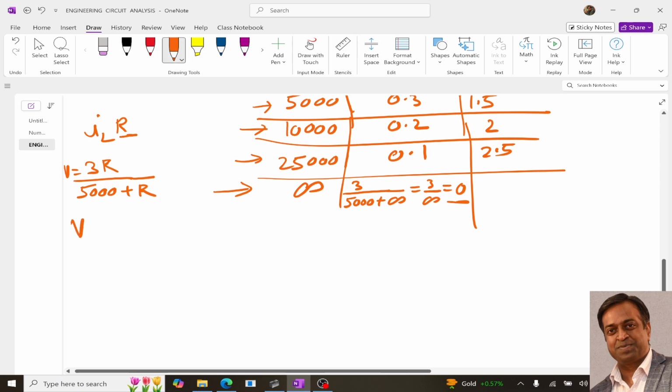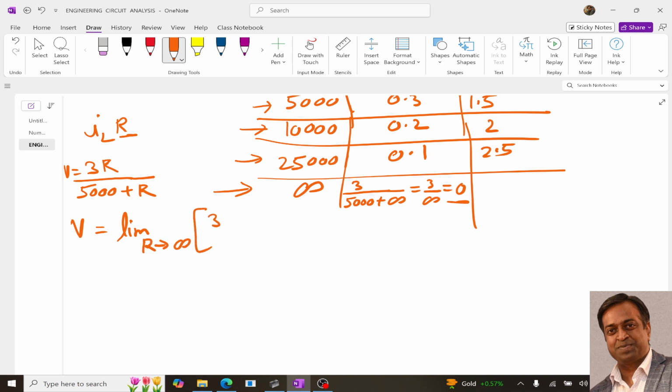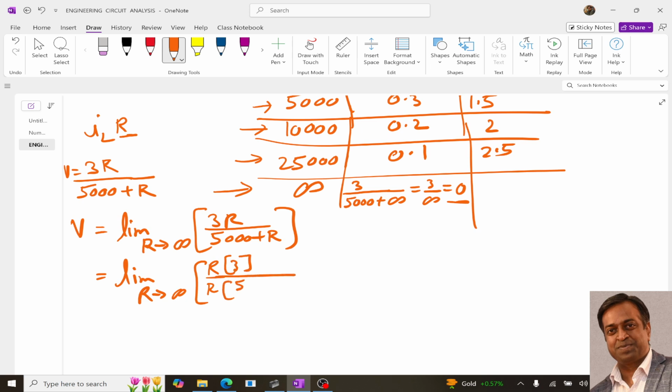V equals limit R tends to infinity of 3R upon 5,000 plus R. As per limit fundamentals, if we take R common from both numerator and denominator, it is 3 upon 5,000 divided by R plus 1.